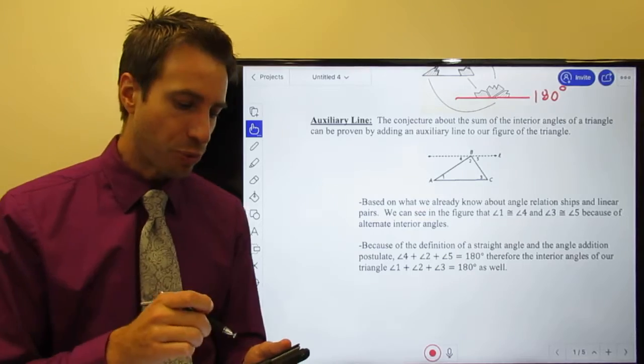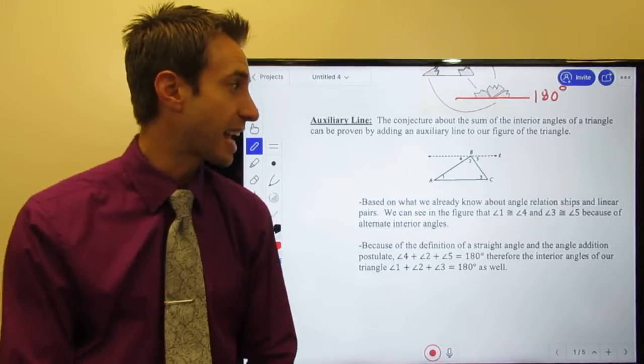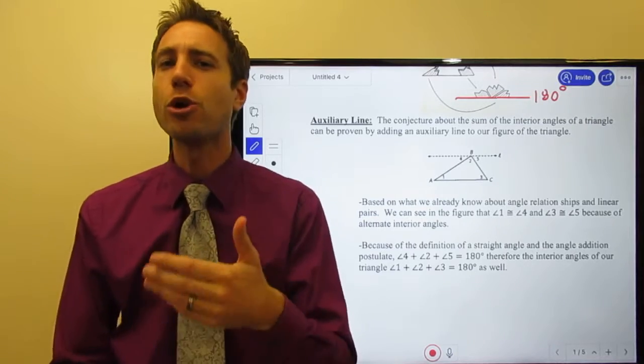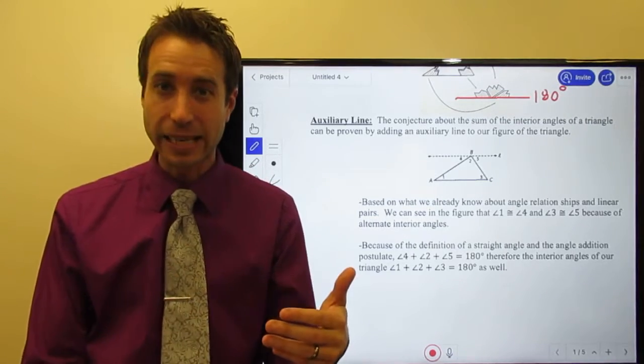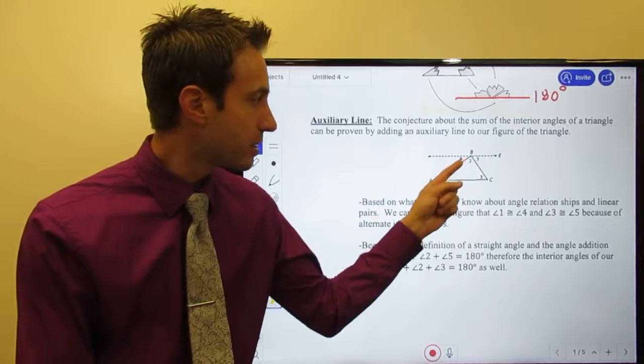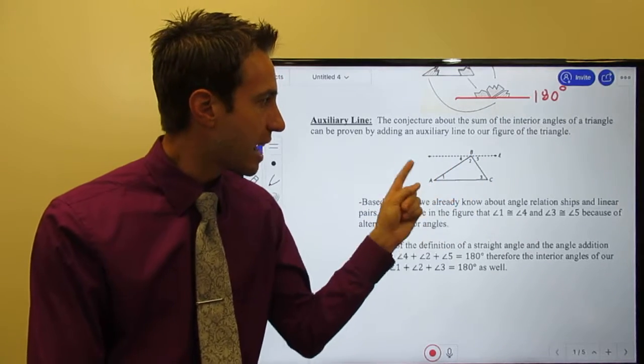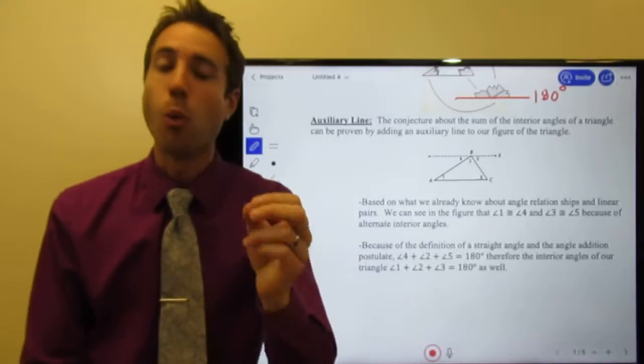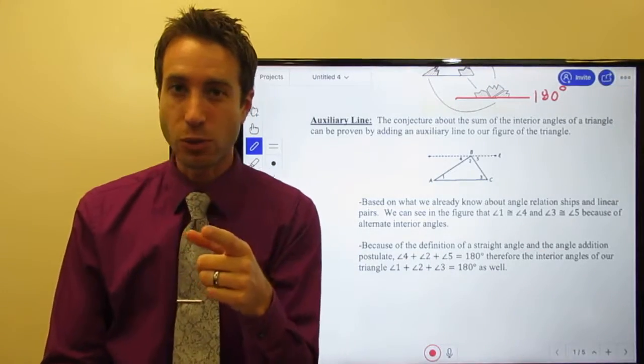Any triangle, here's what we know. In order to prove this, in order to show that this is the case, I'm going to use what's known as an auxiliary line. I'm simply going to add a line to my diagram. So this is the triangle that I've got for you guys. I'm going to add this little auxiliary line right up here. Now, why do I add that line? Here's the reason why.